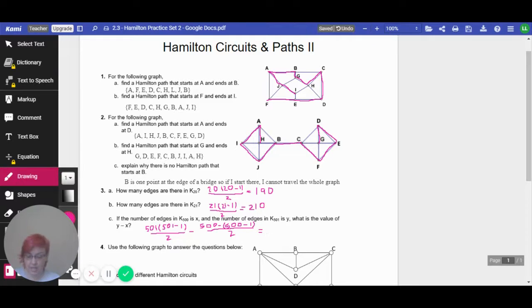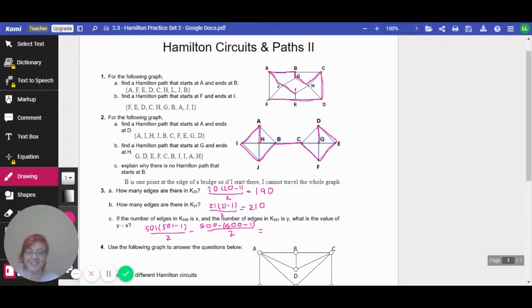So I'm going to say 501 times 501 minus 1 divided by 2, minus 500 times 500 minus 1 divided by 2. So for 501 times 501 minus 1 divided by 2, I got 125,250.